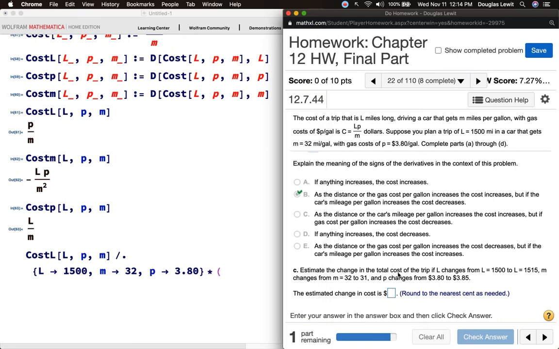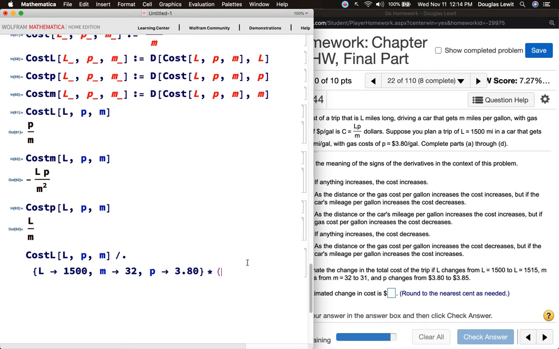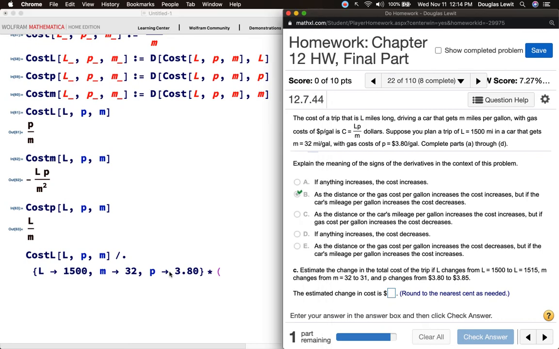Let me make sure we're doing this correctly. So this is our starting point that we're analyzing. L is 1,500 miles, M is 32 miles per gallon, gas cost of $3.80.